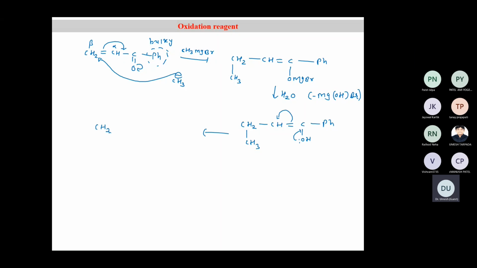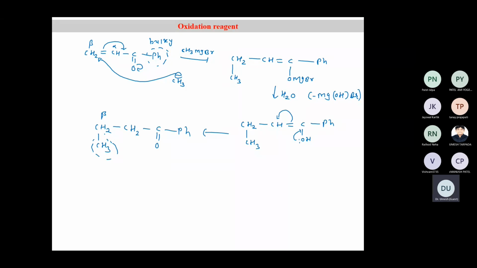So you get the beta methylated product. The nucleophile is added at the beta carbon because the reagent is bulky. So depending on whether it is bulky or less bulky, you can have a different product.